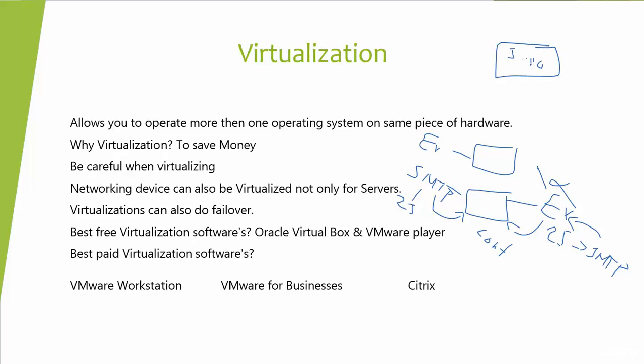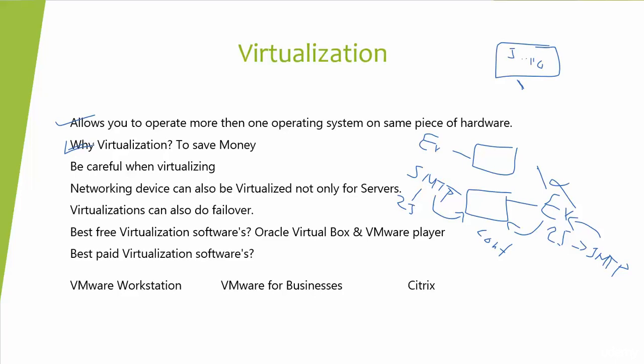So if this server that you see here has more hardware specifications, like more RAM and more processor, I can install 5 to 10 operating systems, or maybe more than that. So what I am doing here is virtualizing more than one operating system on the same piece of hardware.